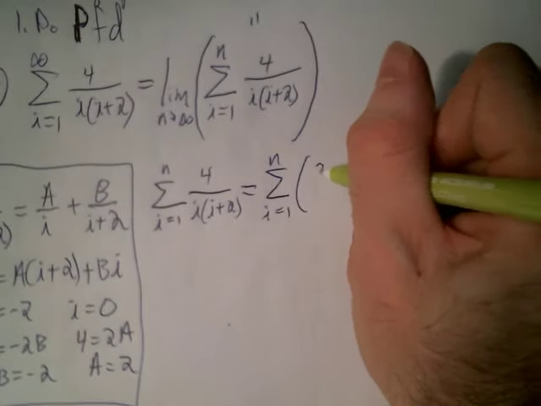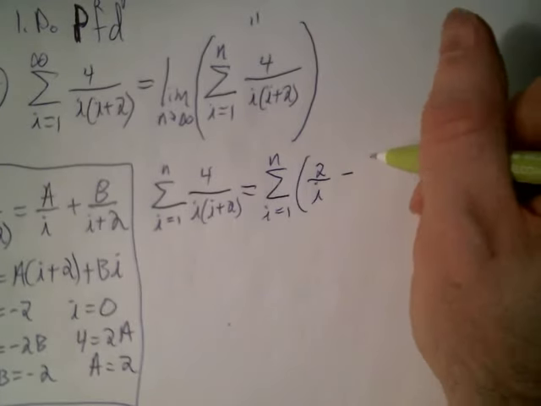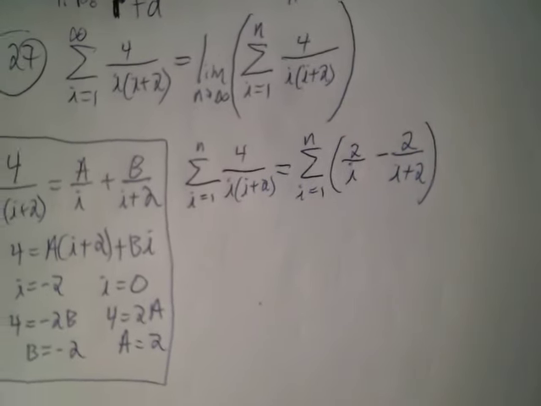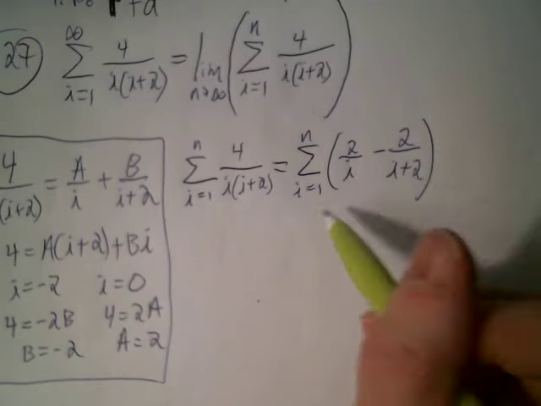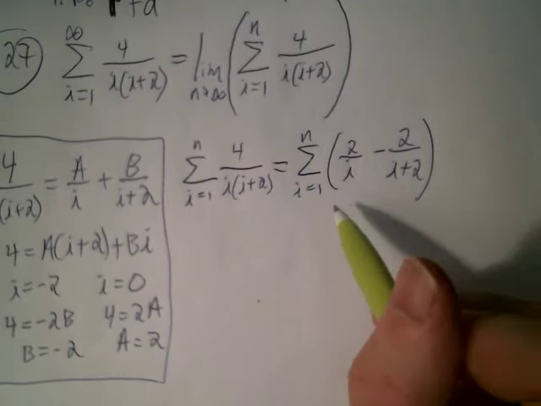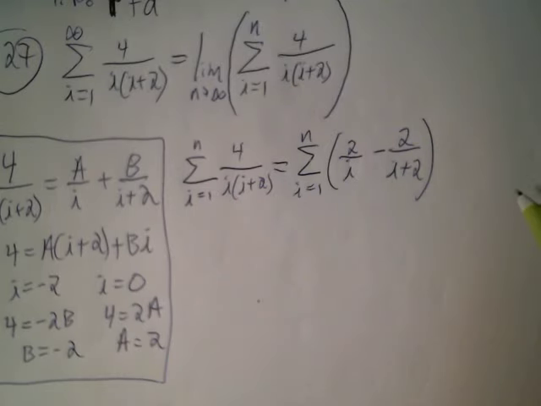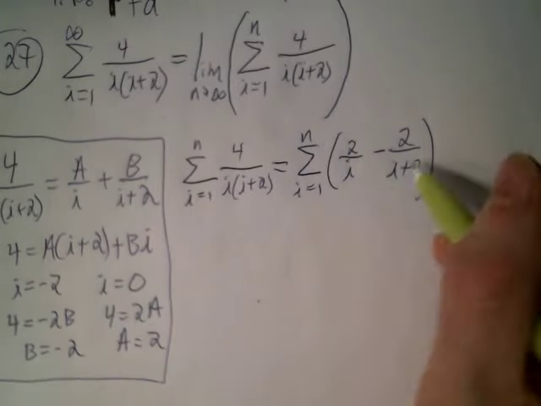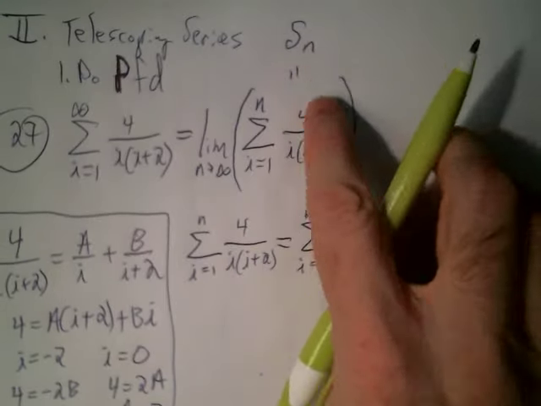So we'll have 2 over i minus 2 over i plus 2. To get this formula, I do what's called telescoping. So I expand it and then let it collapse. And what I'm left with will be a formula for this object, this S sub n term.